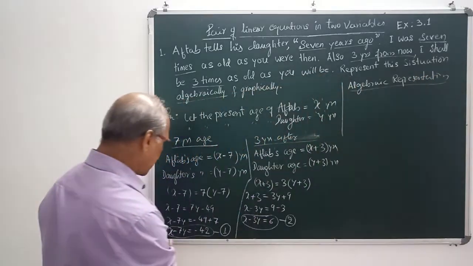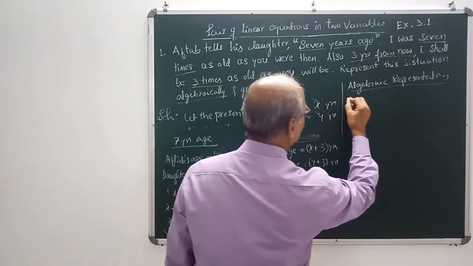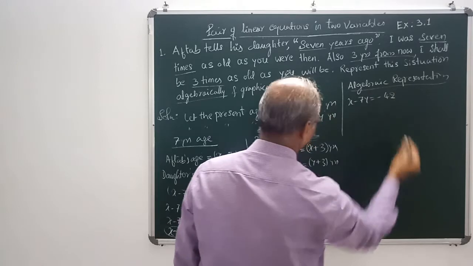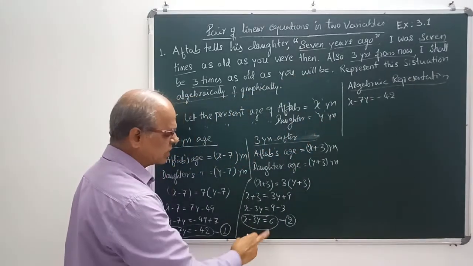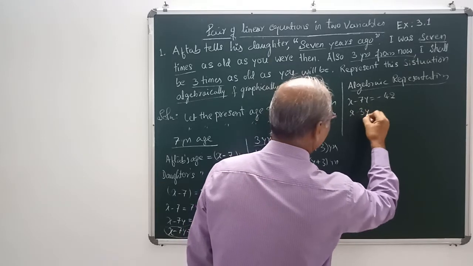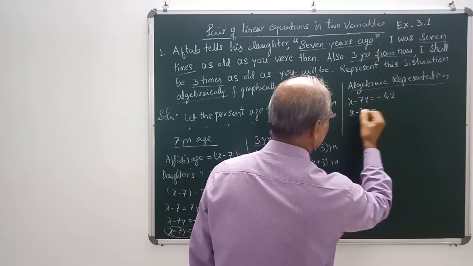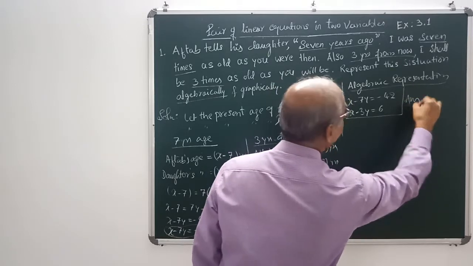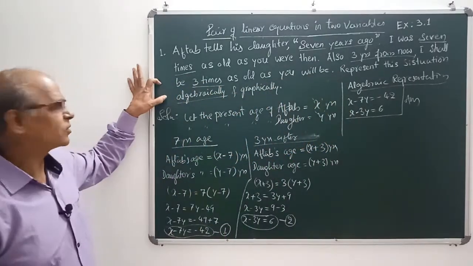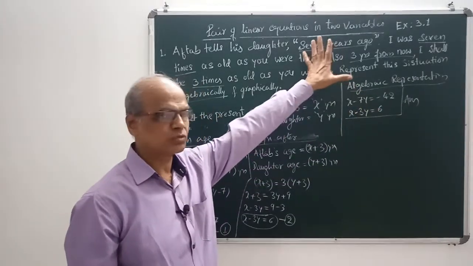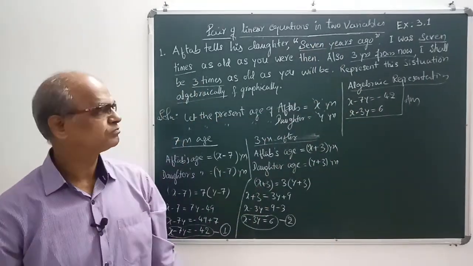First one is x minus 7y is equal to minus 42. Second one, x minus 3y is equal to 6. So this is your answer. Answer in the sense, first part of the question. Now we have to represent these two situations graphically.